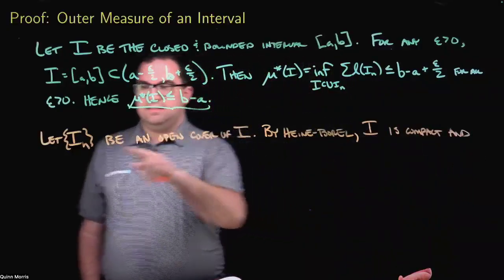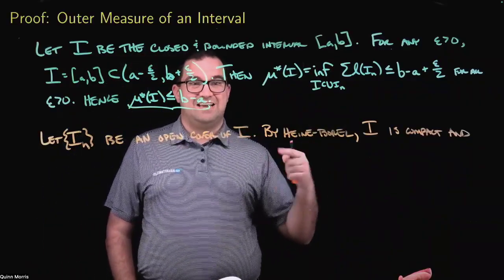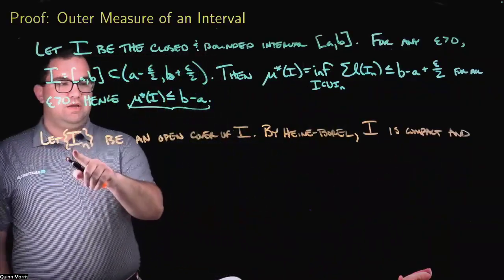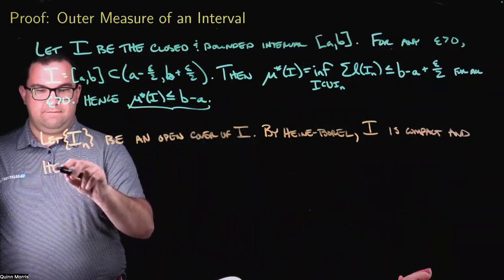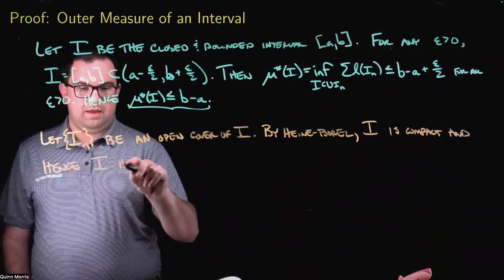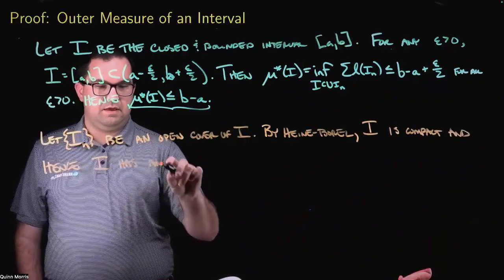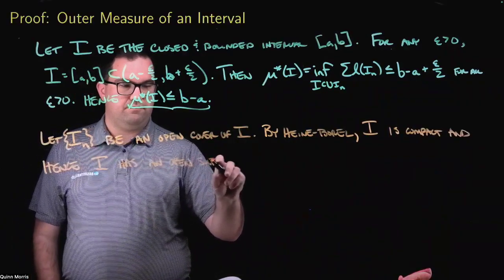And hence, what does compact mean? Compact means every open cover has a finite subcover. So if I have this open cover of I, it has an open subcover.